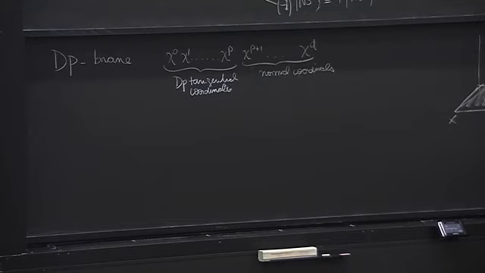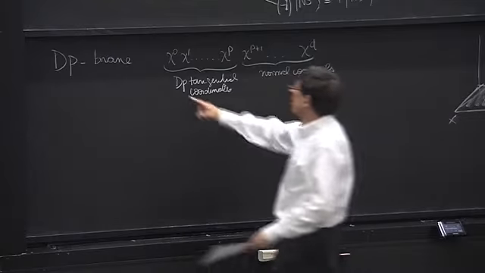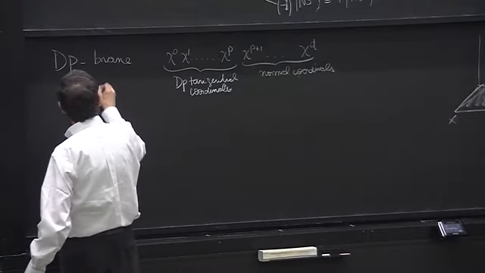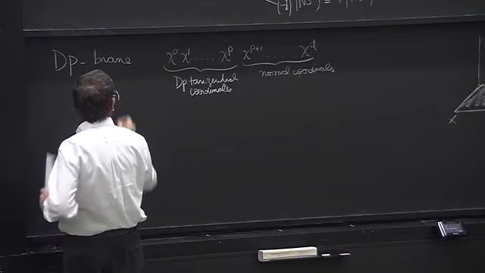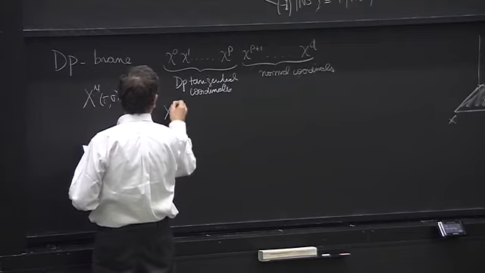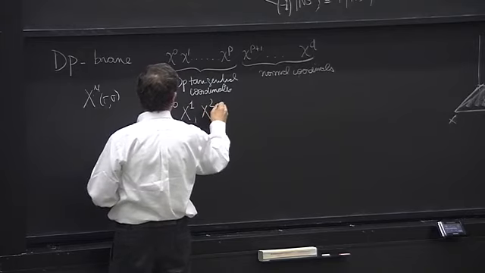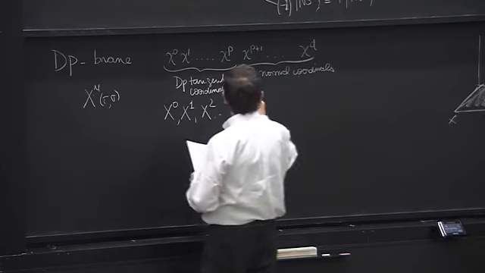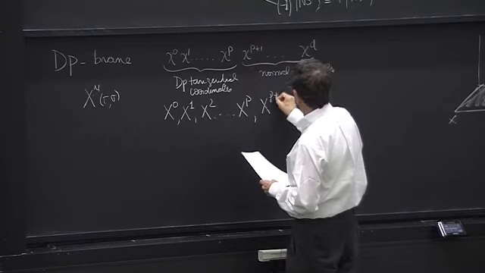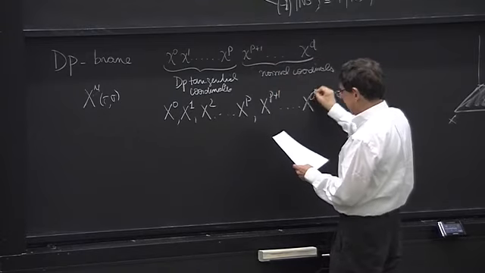So I will change notation here when we talk about the strings. The string coordinate is the X^mu of tau and sigma. We'll have, therefore, the x0, the x1, the x2 up to the xp, and the xp plus 1 up to the xD.